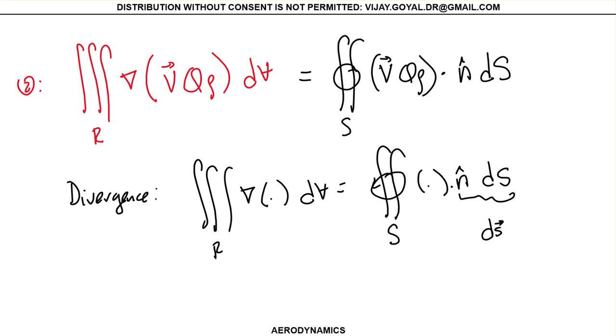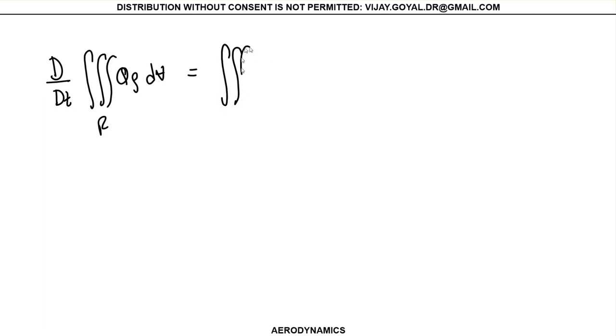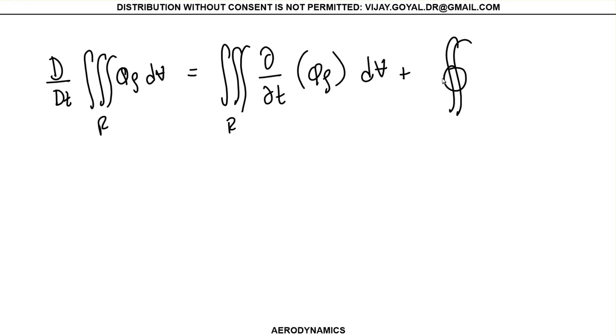So now I can place all the terms together, and what you have is the total derivative of this term will be the local derivative over the volume plus the integral over the enclosed area S of the velocity times that quantity Q rho dot n dS.